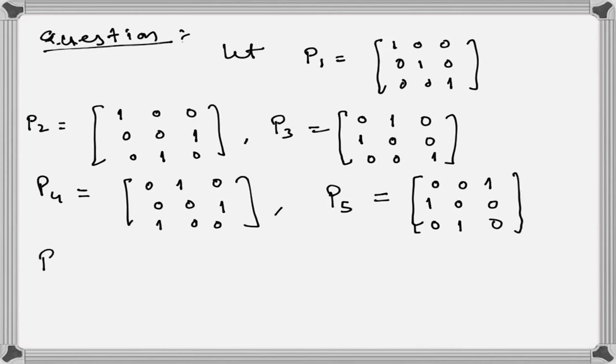And P6 is 0 0 1, 0 1 0, 1 0 0. So these are the 6 matrices. Here if you see, in each row and column there is exactly one 1 and two zeros.